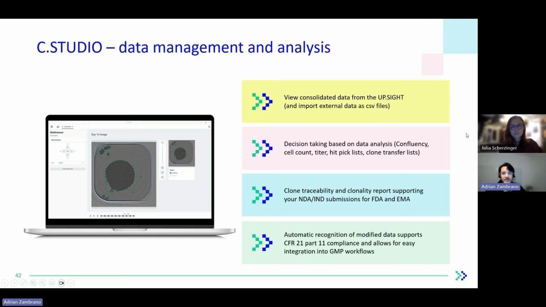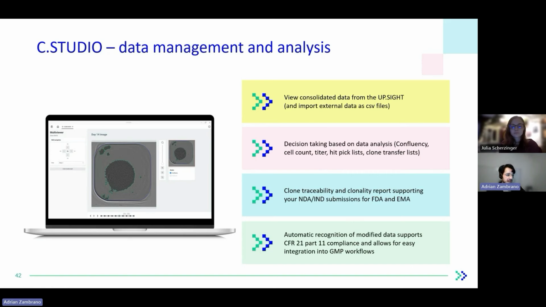The last improvement is around extending the capabilities of C Studio. C Studio has become way more powerful, consolidating a lot of data from the Up.Sight second revision and extending the tools of confluency, cell count, titer, and generating these hit pick lists that are pretty easy for clone transferring.